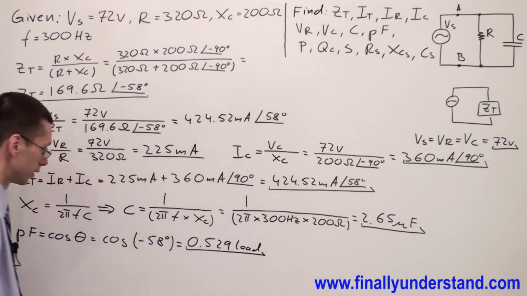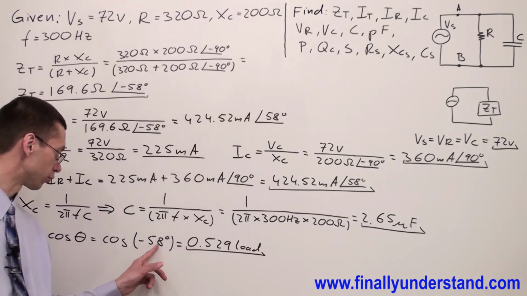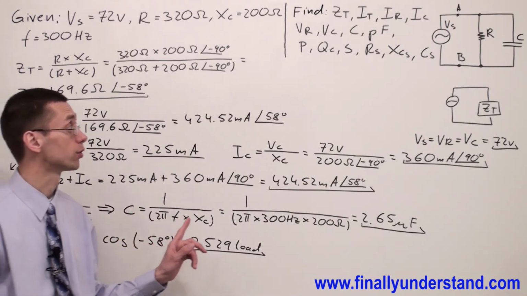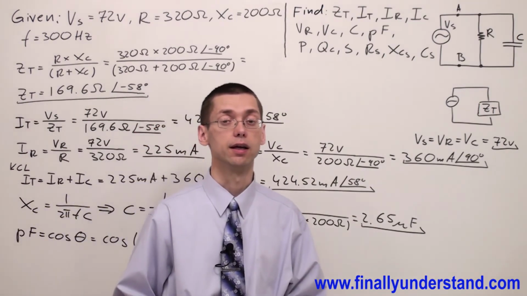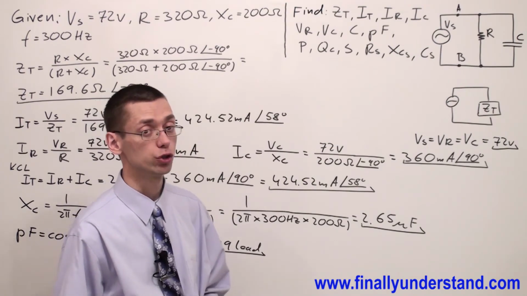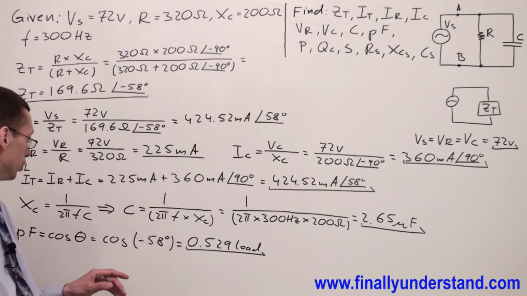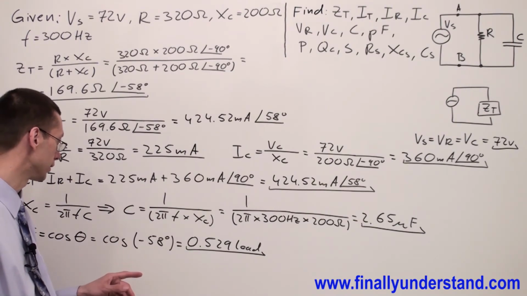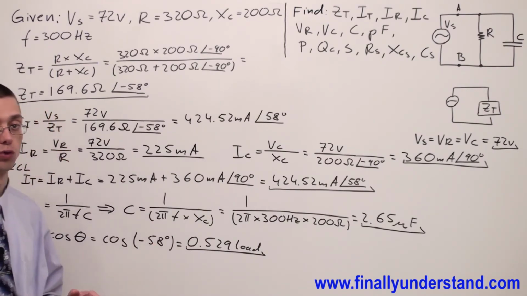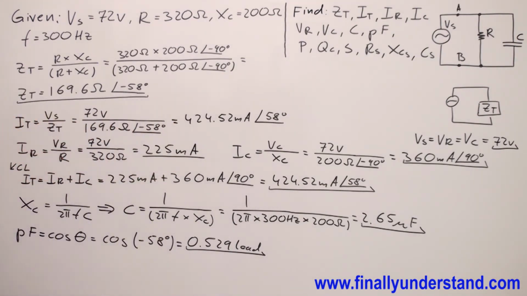I have lead because the sign at the front of my angle is negative, or because the current in the RC circuit is lagging the voltage source by a certain angle. In this case, the voltage is going to lag the current by 58 degrees, or we're supposed to say current is going to lead the voltage by 58 degrees.